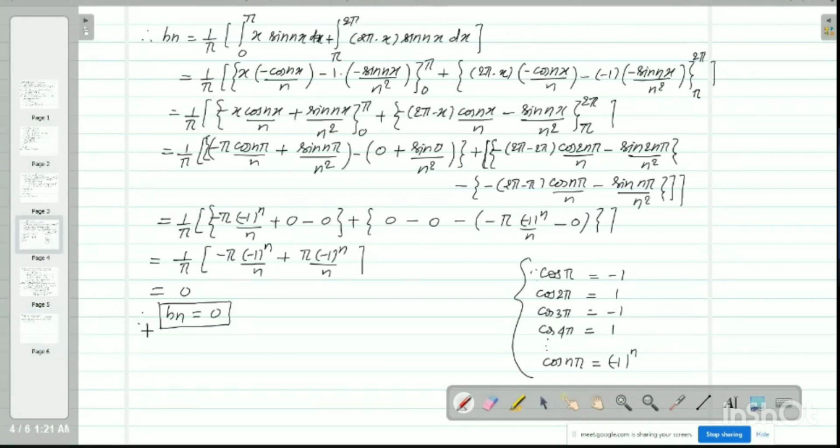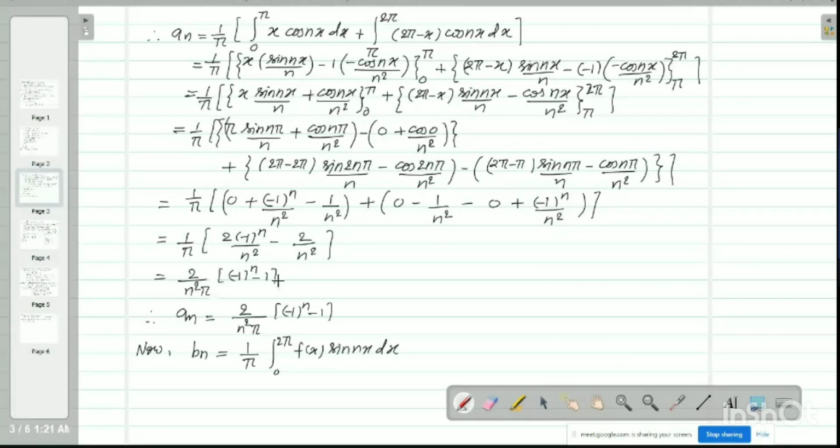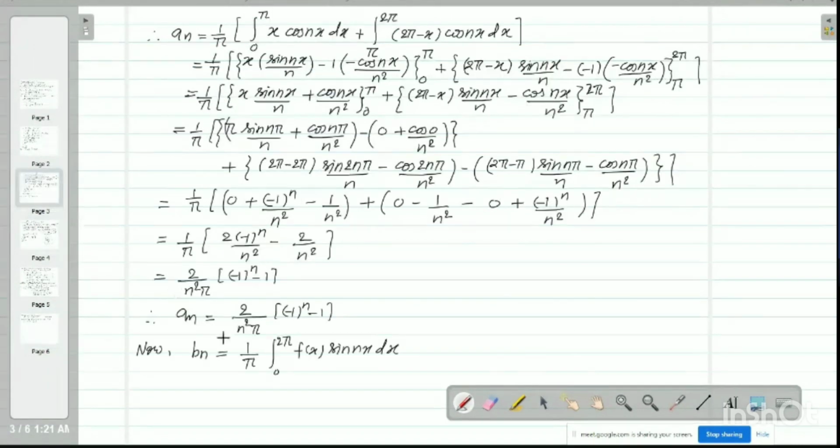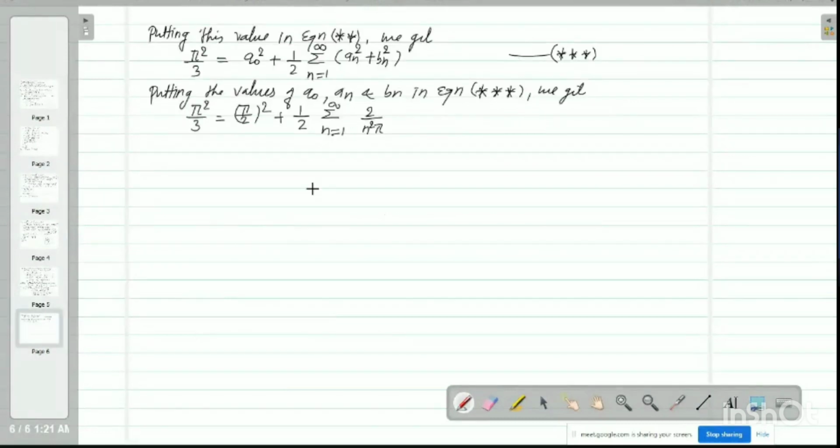We found a_n; it is this much, so I'm writing directly. This is 4 by n square pi square, and I will take the square later: n square pi, minus 1 raised to n minus 1, and the square of this term. Plus b_n, which is 0 for us, so no problem, there is no issue with this.